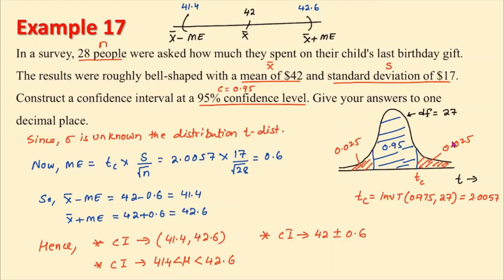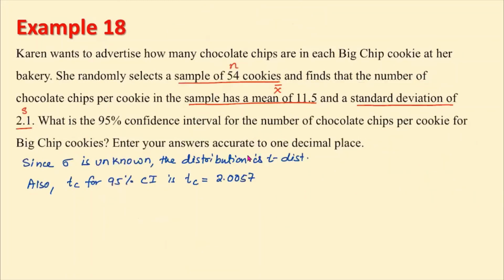I've explained the procedure there. Now, in the confidence interval, what goes in the middle is the point estimate, in this case the mean, which is 11.5. Then we find the lower boundary, which is mean minus margin of error, and the upper boundary, which is mean plus margin of error.